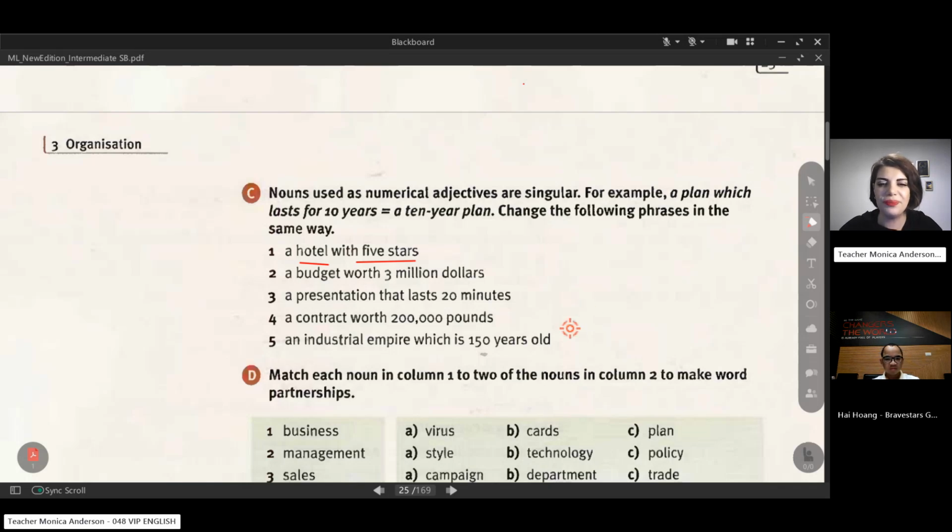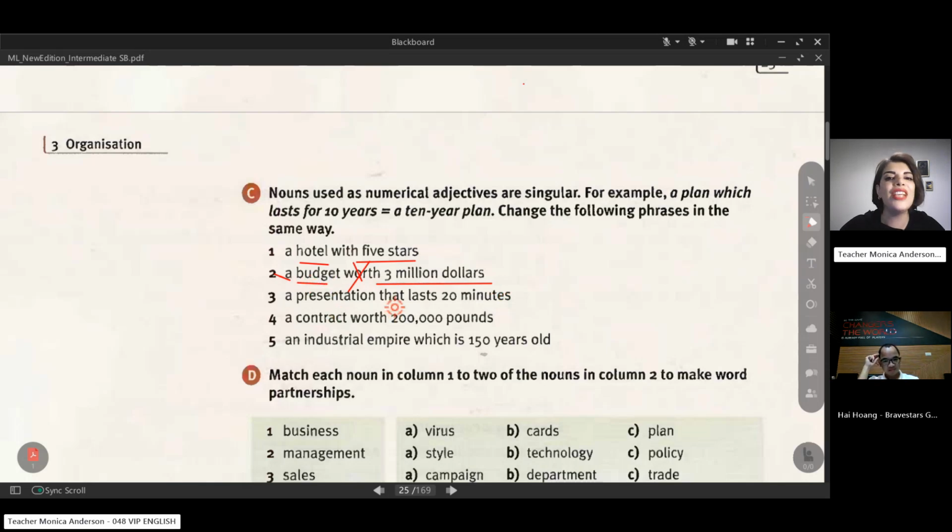How to change it? A budget was $3 million. Okay, we say a $3 million budget. So we need to omit something here. Here we don't need worth, a $3 million budget.